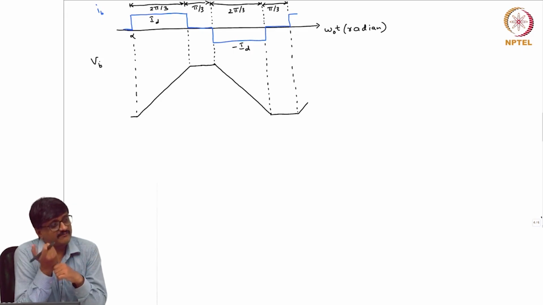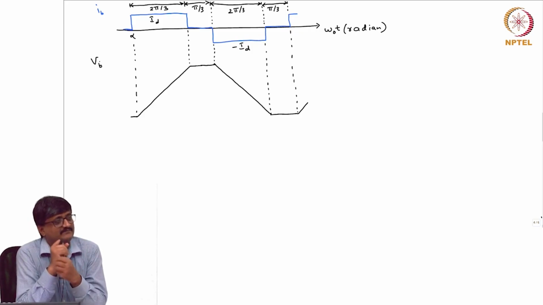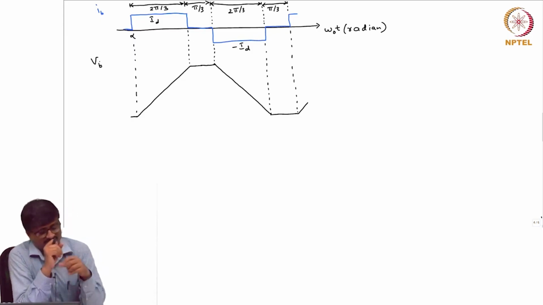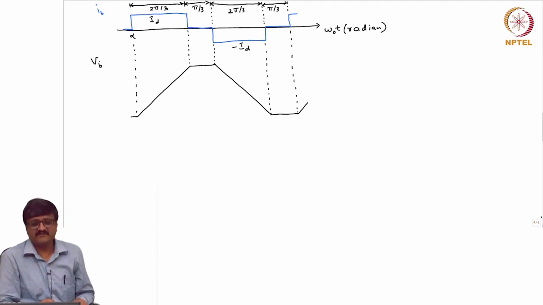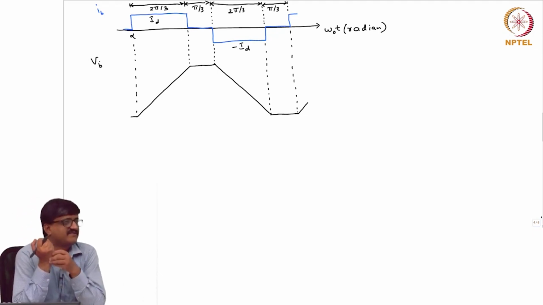When in steady state, what should the average be? Actually, average will be 0. Why? Because Q is equal to CV and the charge is current into time. So the same amount of charge is getting into the capacitor and the same amount is coming out. The answer is it depends on the initial charge of the capacitor.